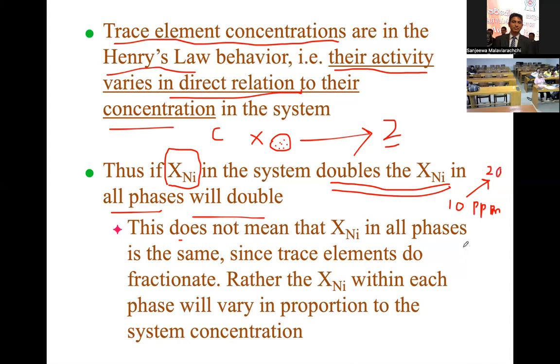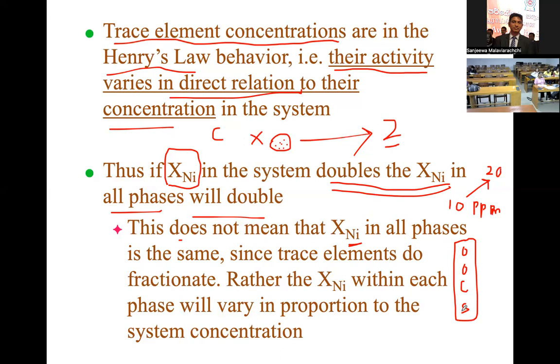You have olivine, OPX, CPX, spinel, whatever, some phases can be there. So all the other phases will also get doubled with respect to the nickel concentration. It doesn't mean that everything will have 20, 20, 20, 20.